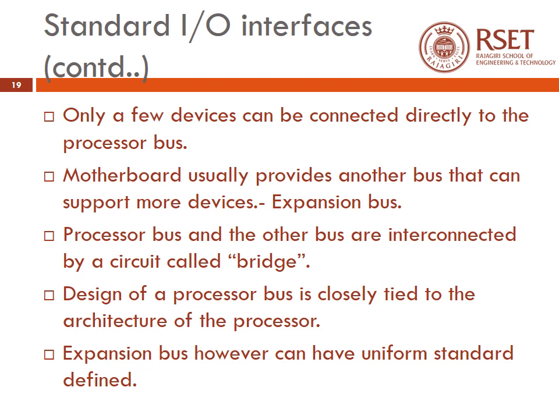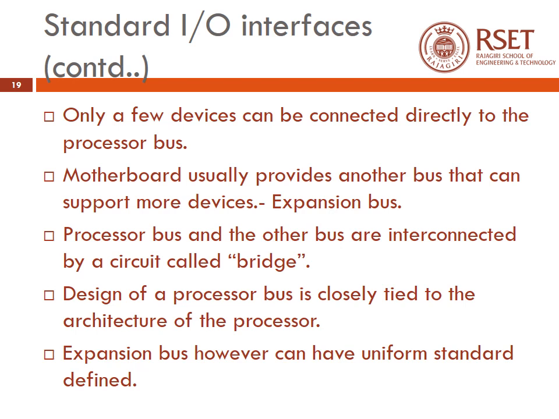How to accommodate these standard IO interfaces? Only a few number of devices can be connected to a processor bus directly. That is, there will be only maybe one or two or maybe three or four slots available for connecting an input output device directly to the processor bus. So, as a solution, the motherboard usually provides one more bus that can support more input output devices, and such a bus is called an expansion bus.